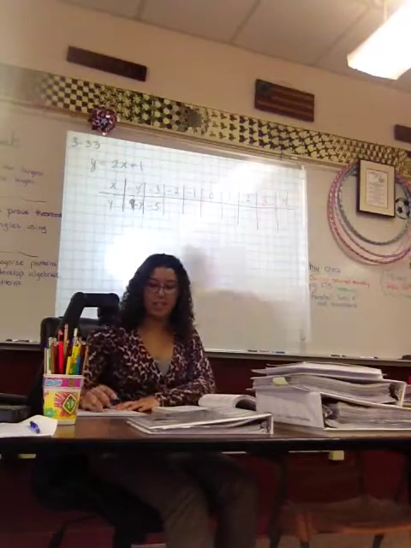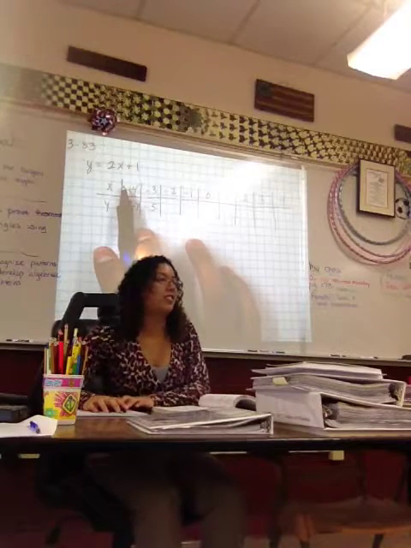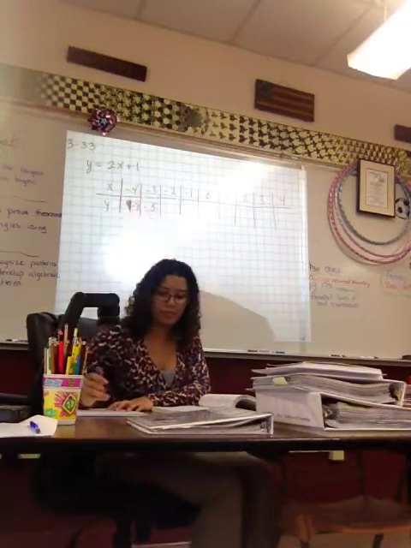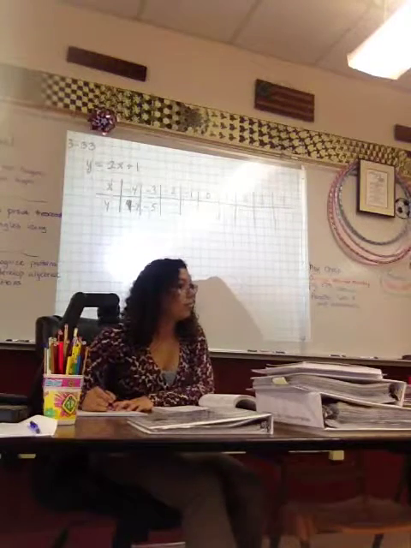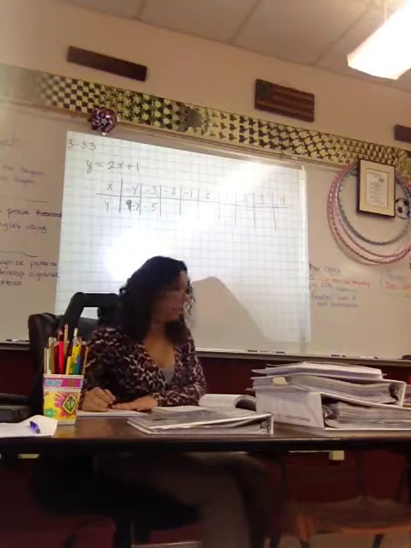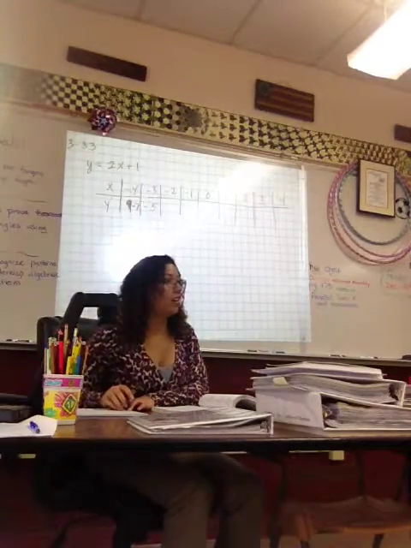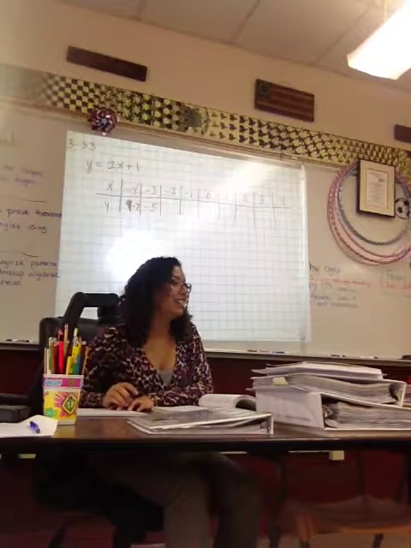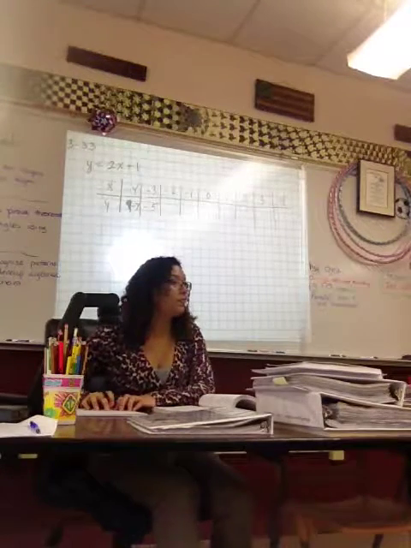And then we'll just continue. So -2. Courtney, can you tell me what that one is? You got 0 for that one? You put a -2 in here? It's okay.